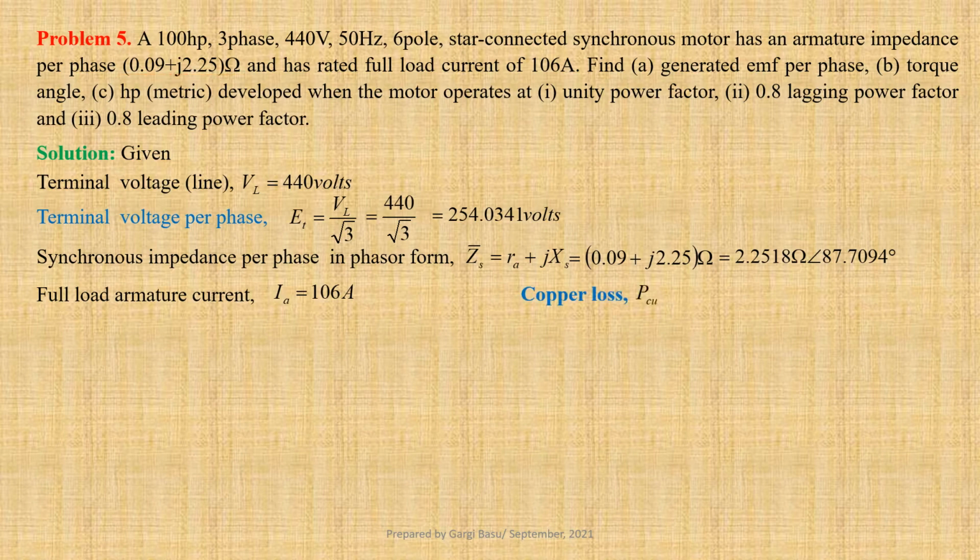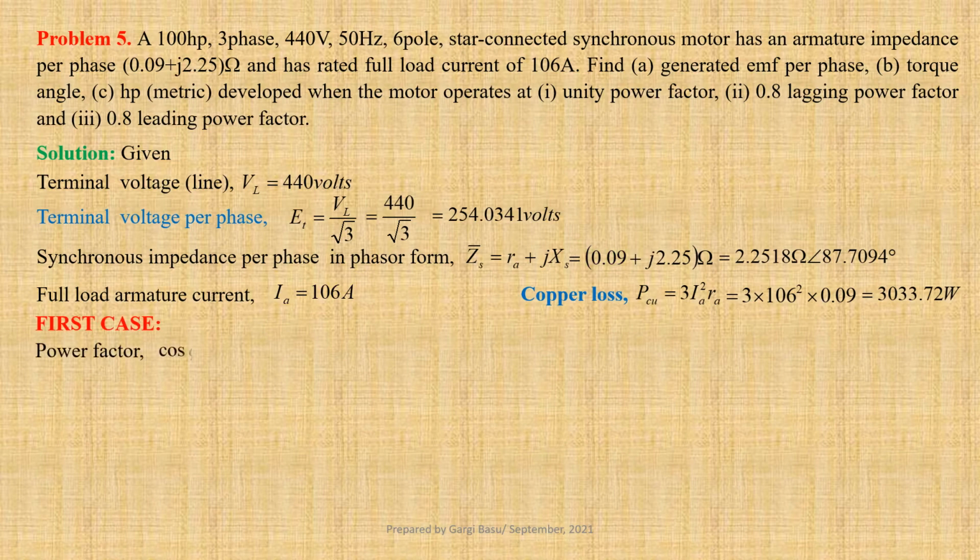P copper equals 3 times IA square into RA. Using values we get 3 into 106 square into 0.09, that gives us 3033.72 watts.